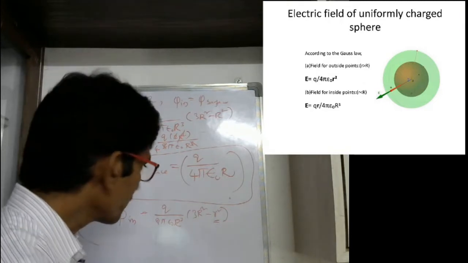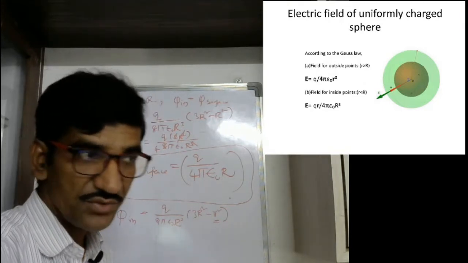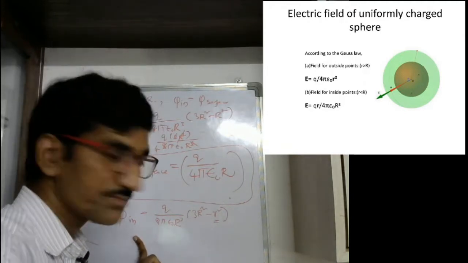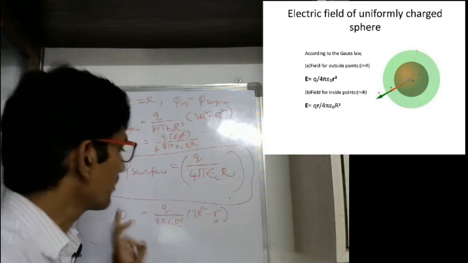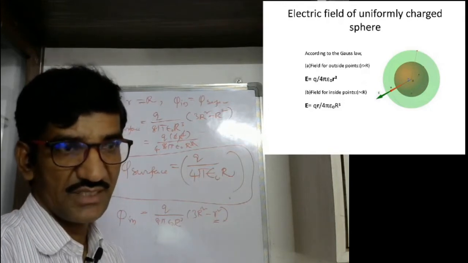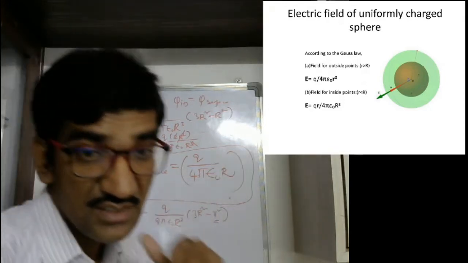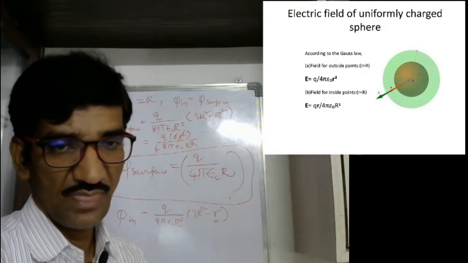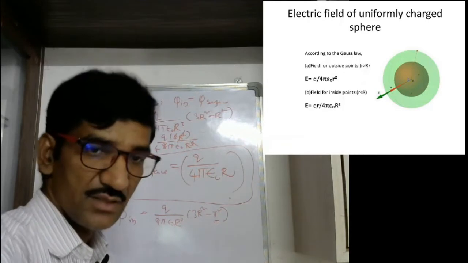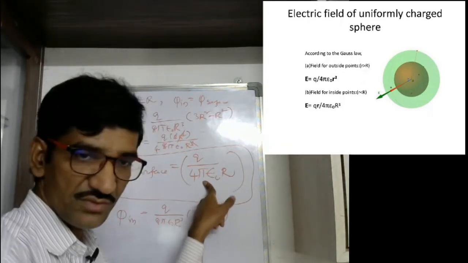So, whenever you increase small r, means whenever you move towards the surface, what happens to this potential? This potential value decreases. So, from the center to surface, potential decreases. That means at the surface you have this much potential.